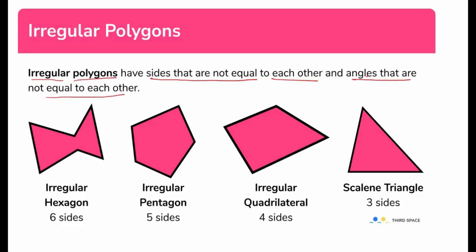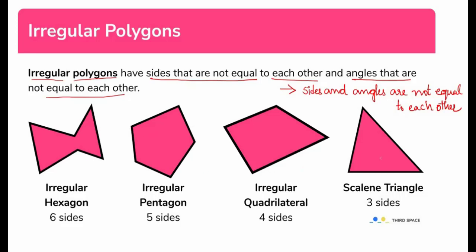Sides and angles are not equal to each other in irregular polygons. These are the main characteristics of irregular polygons. What are they, children? Sides and angles are not equal to each other.